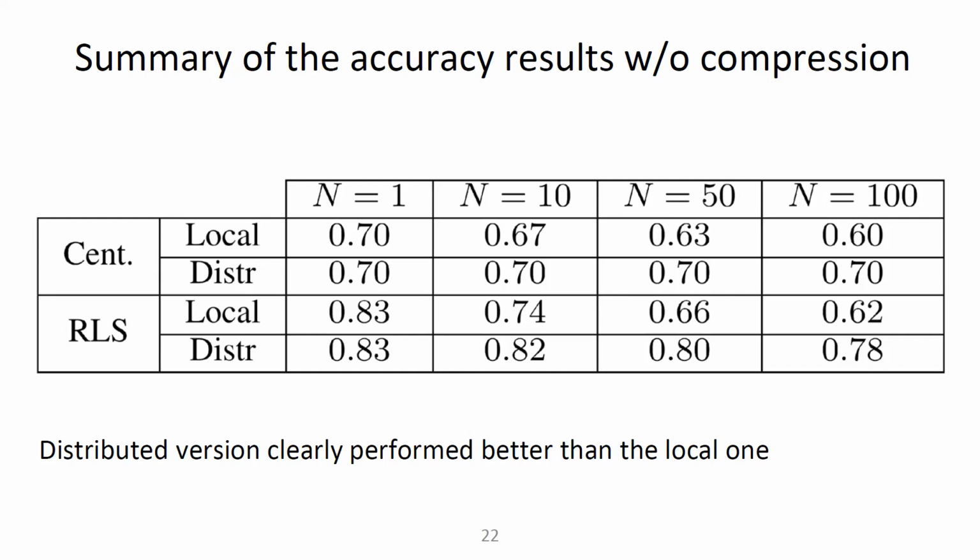Overall, we see that the results were decreasing with increasing n, that is, with an increasing number of nodes in the network, and that is because aggregating together local RLS classifiers is not equal to computing a single classifier from the full dataset. And so we do not see the same performance as in the case of the centroid classifier.